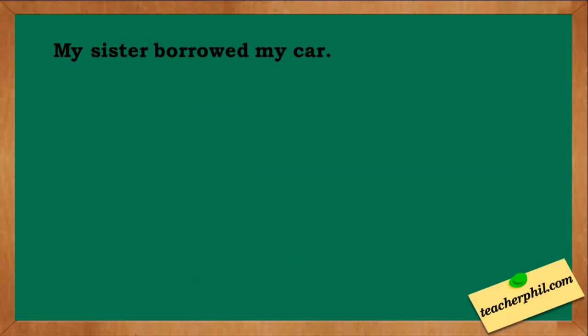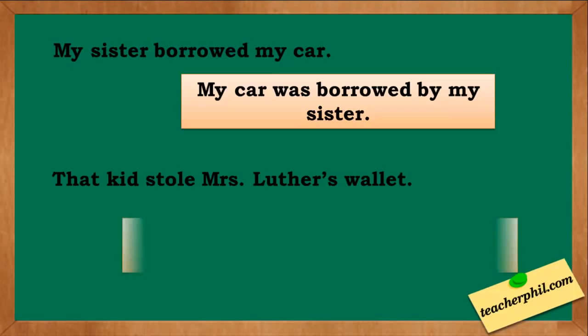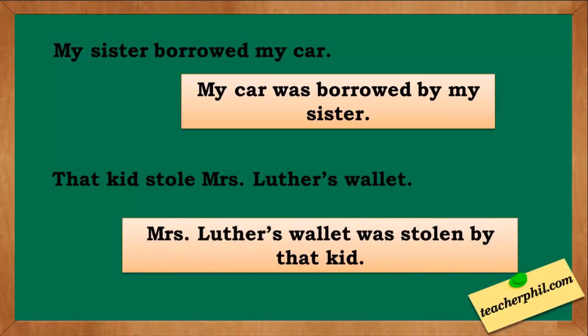Some more examples. My sister borrowed my car. In passive form, it becomes: my car was borrowed by my sister. That kid stole Mrs. Luther's wallet. Mrs. Luther's wallet was stolen by that kid.